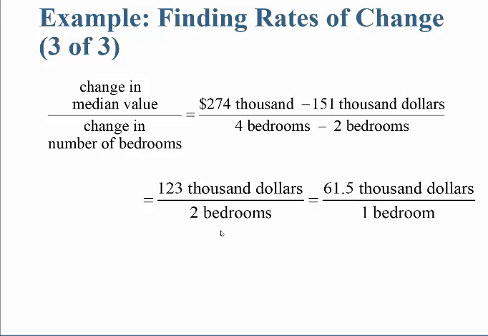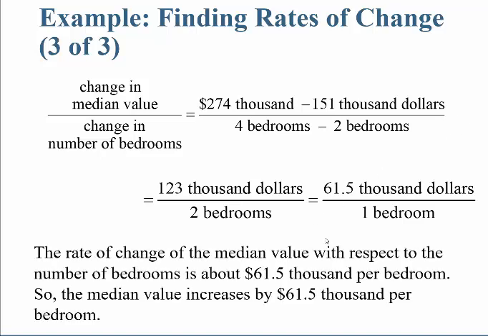You can see that's the subtraction, and then dividing this out, it's $61.5 thousand. So the rate of change of the median value with respect to the number of bedrooms is about 61.5 thousand per bedroom. Each additional bedroom you add onto the house, the median value goes up $61.5 thousand.